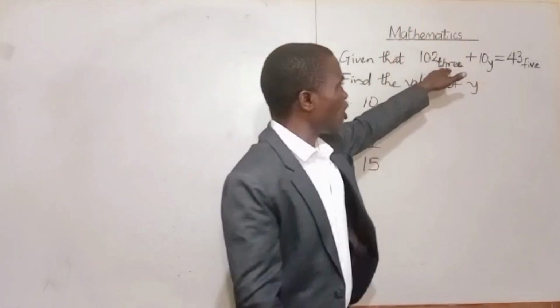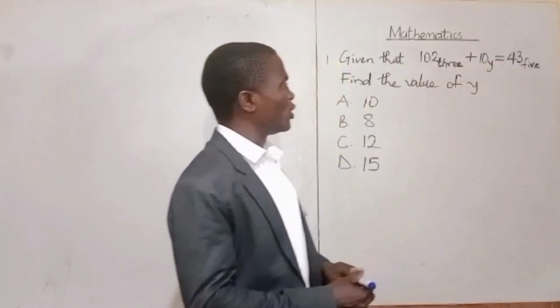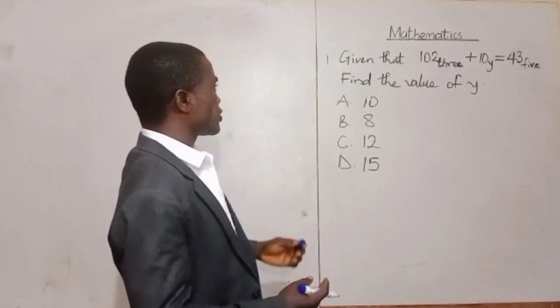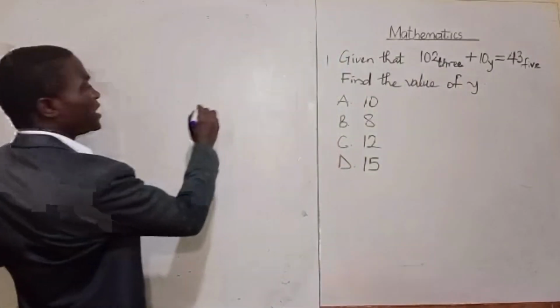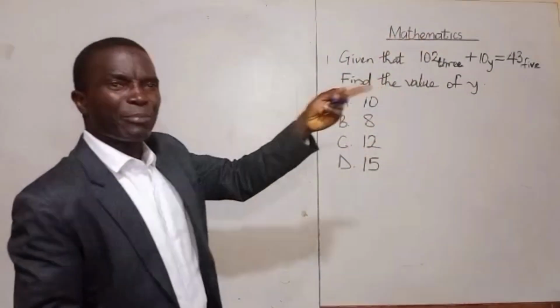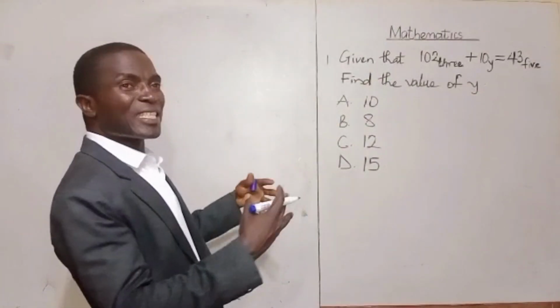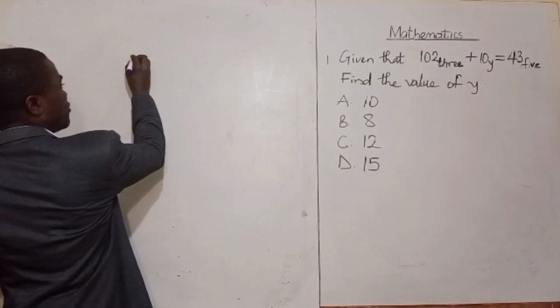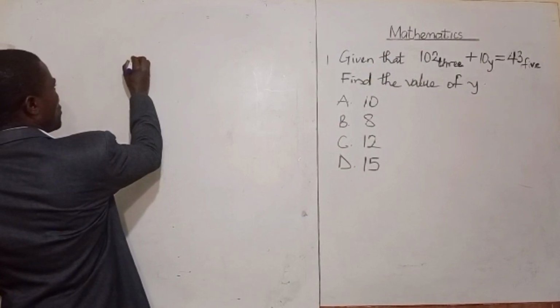Base 10 is the common language that everybody understands, which is similar to British English or American English. Now let's see how we can convert 102 base 3 to base 10, because that is the language that everybody understands.